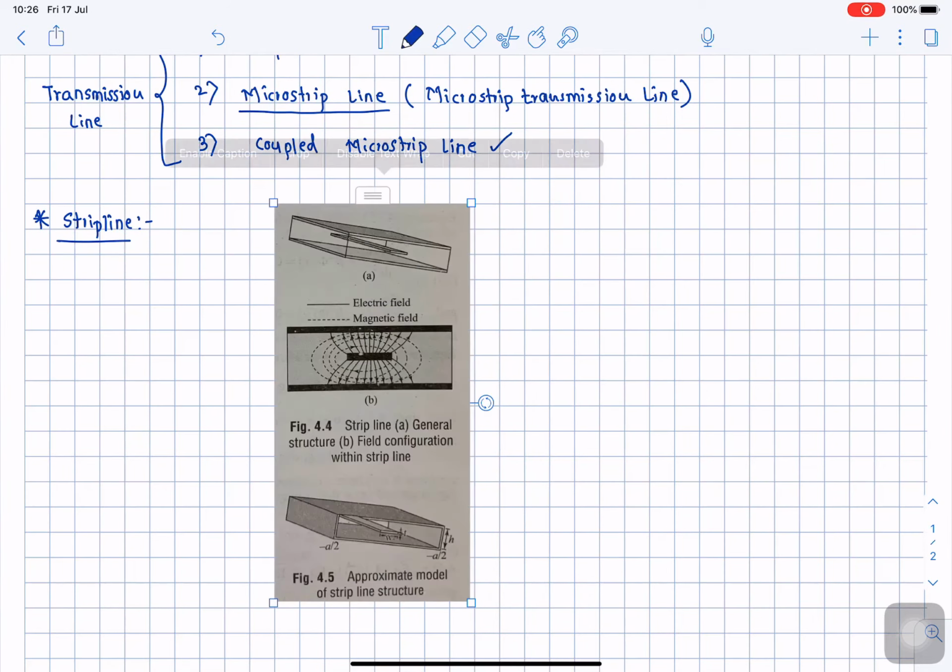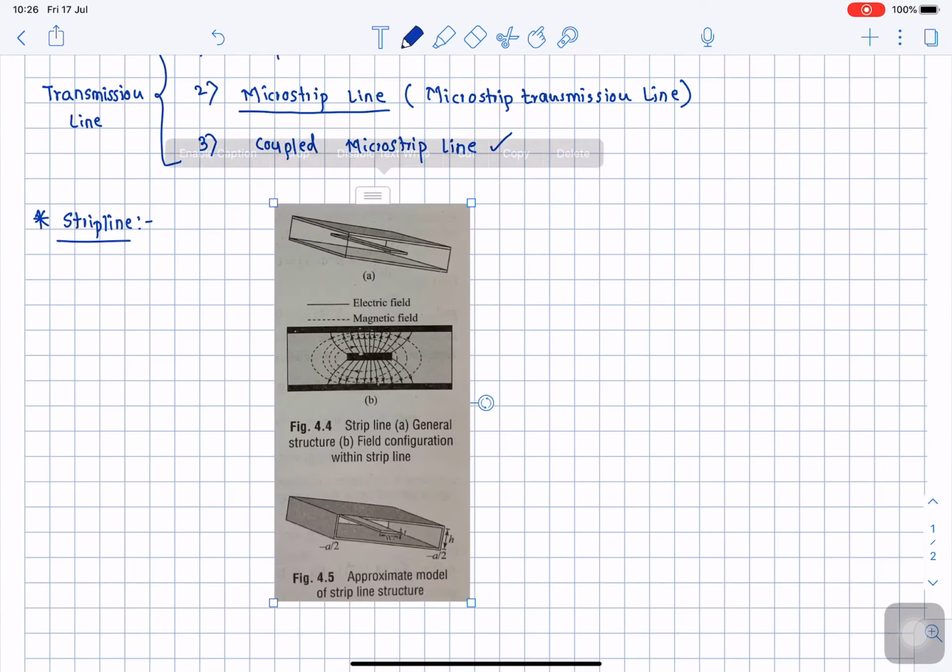Please remember, this blue color indicates the ground plane. So this is the top ground, and this is the bottom ground, right? And in between the strip conductor and the top and bottom ground planes, the area is filled with some dielectric material.